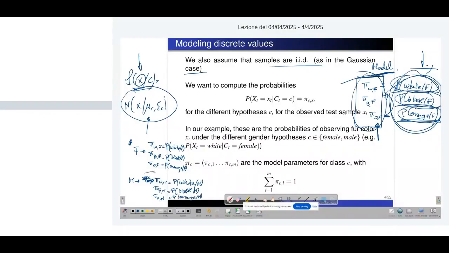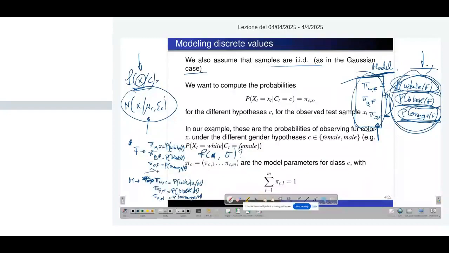I could make a more complex model where these values are a function of the color of X and some other complex set of parameters that, given the color and this set of parameters, computes these terms here. So this is not the only choice.